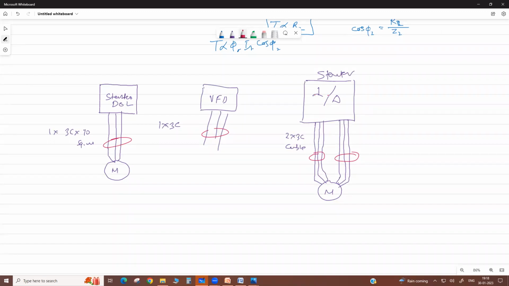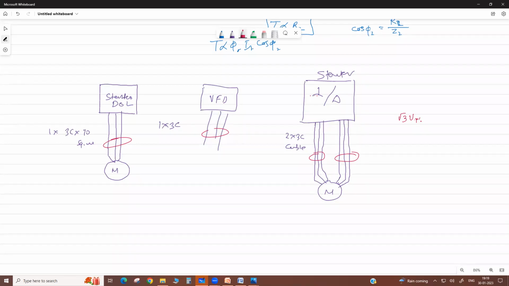And when there is a star to delta conversion, during the transition time the motor does not get the voltage, and suddenly your voltage is multiplied by √3 times as compared to star.